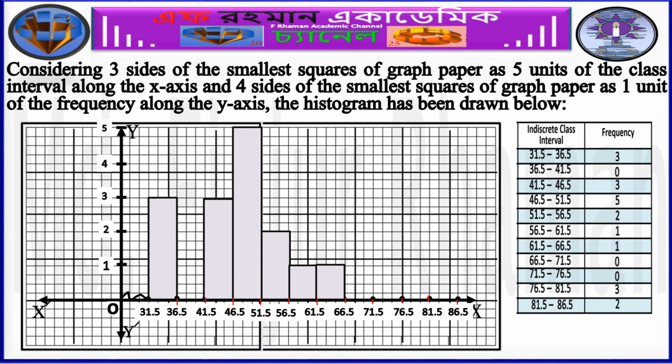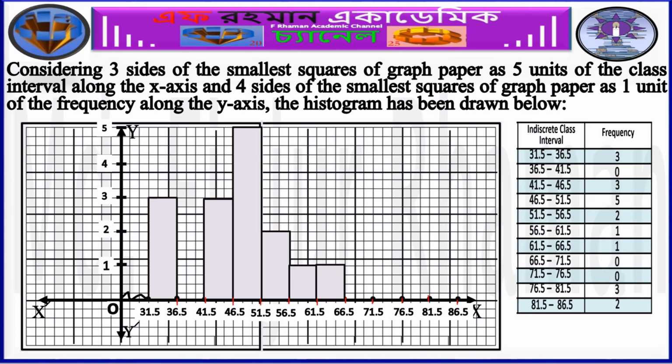Since the frequency in the class interval 66.5 to 71.5 is 0, no rectangle exists in this class interval. Similarly, for zero frequency, no rectangle exists in this class interval.